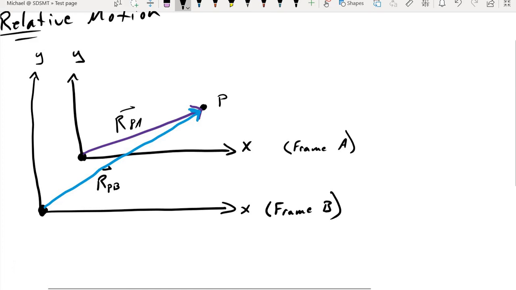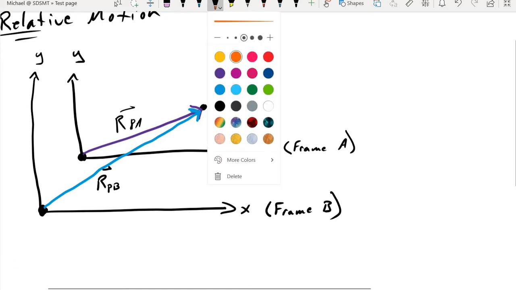And so what we need to do is figure out how we can take the position of that point out in space and relate it to the two different reference frames that we're using, such that we know that we're measuring the same physical point out in space.